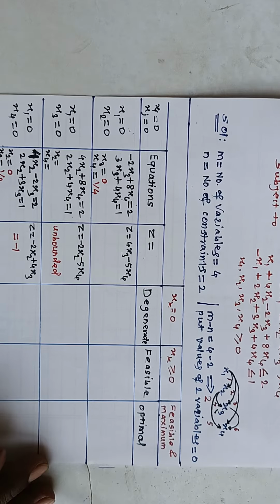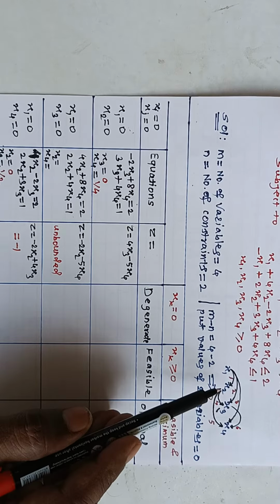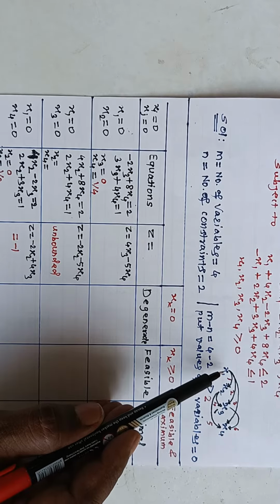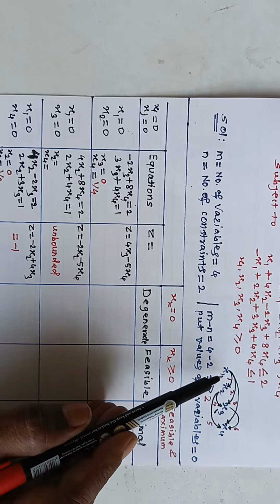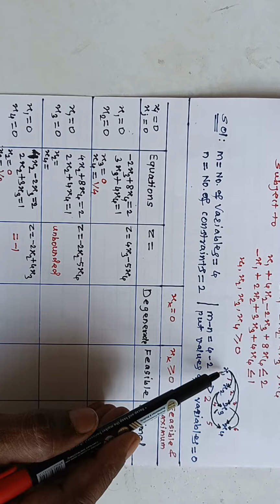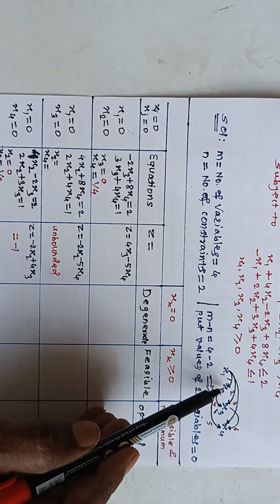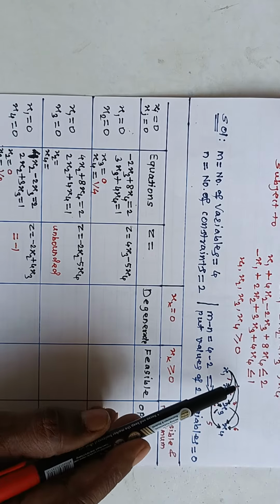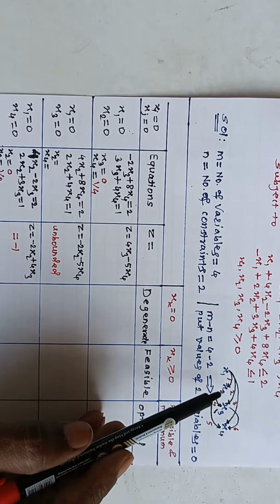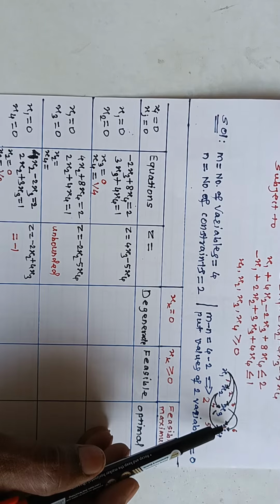There are four variables. How many ways will be there? You can find like this. Keeping x1 0, one more variable must be there. X1 is 0. With this you can make a pair with x2, that is first way. X1 x3, that is second way. Okay, then x1 x4, that is third way.